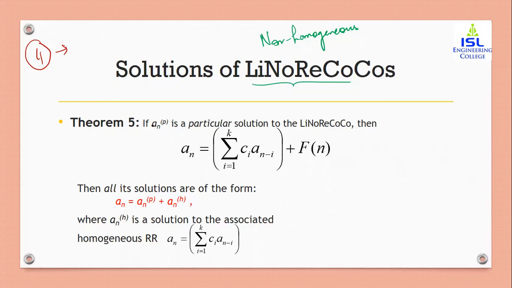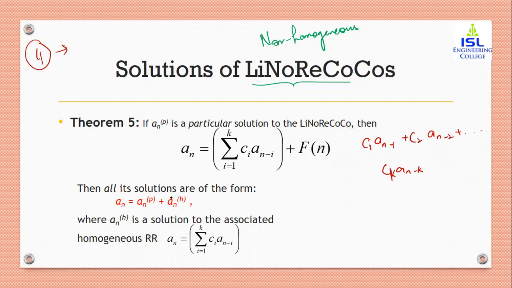Now, if a_n^(p) is a particular solution to the linear non-homogeneous recurrence relation a_n = c1 a_{n-1} + c2 a_{n-2} + ... + ck a_{n-k} + f(n), shortened as the sum over i from 1 to k of c_i a_{n-i} + f(n), then every solution is of the form a_n^(p) + a_n^(h).